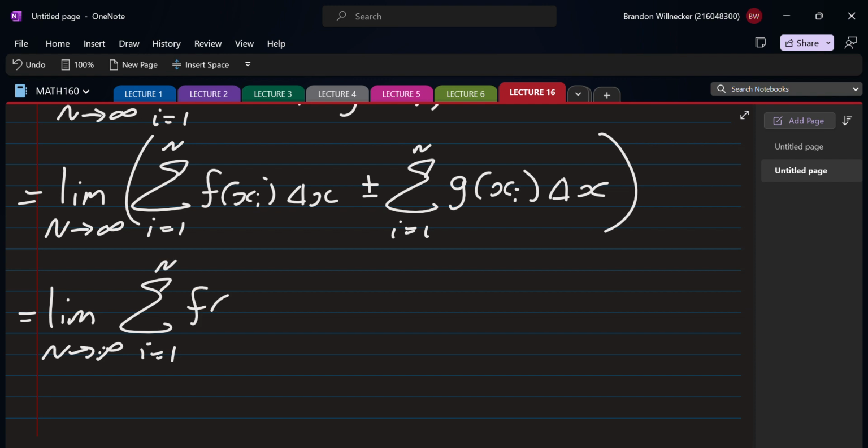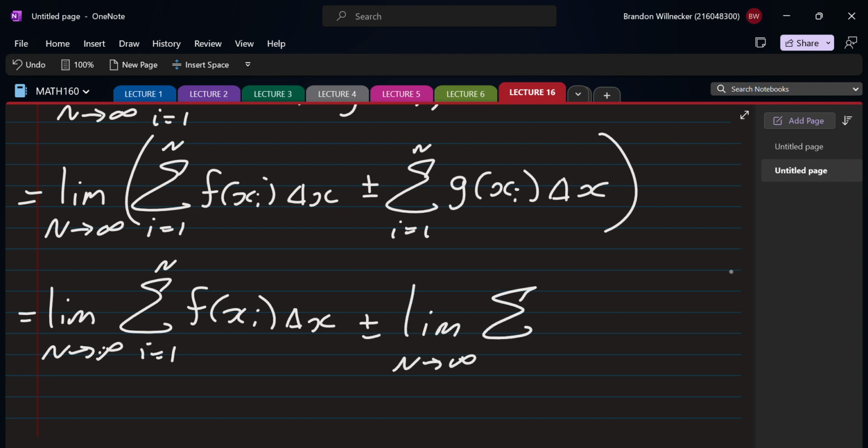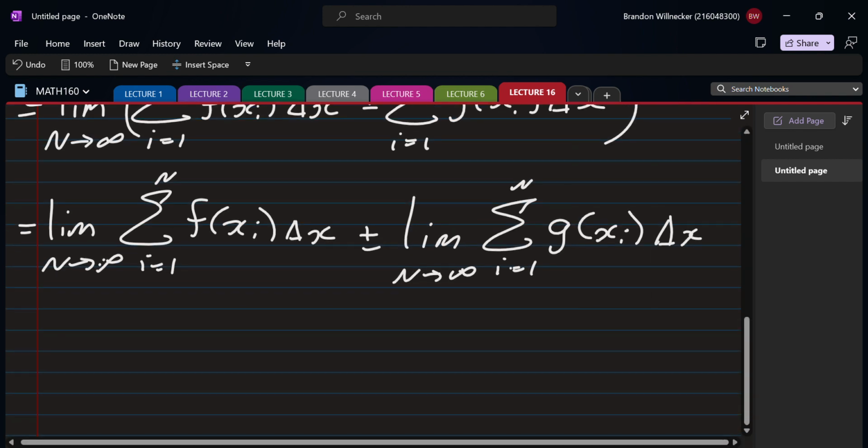The sum i equals 1 to n, f of x_i delta x, plus or minus the limit as n goes to infinity, the sum i equals 1 to n, g of x_i delta x. Okay, so we separated that out. Now, if we look at the first term, this is just the definition for the definite integral, and the same for the second term.